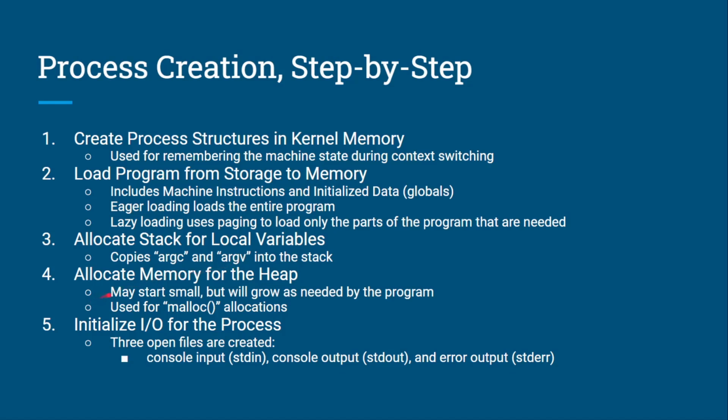Also, when a program is loaded, there is memory allocated called the heap. It initially starts out very small, doesn't have much in it, but it will grow as needed by the program. As the program allocates more memory, for example, using the malloc API, more heap will be created. This heap will only be let go when the process is destroyed.